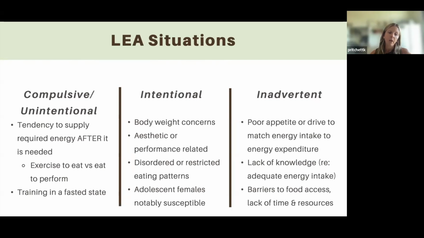For example, with unintentional, this could be just a lack of knowledge in terms of how much the athlete is actually expending through their exercise. So they could be training in a fasted state first thing in the morning. I see a lot of athletes do this just because they're not hungry, or they do not have the knowledge regarding what their energy needs look like.